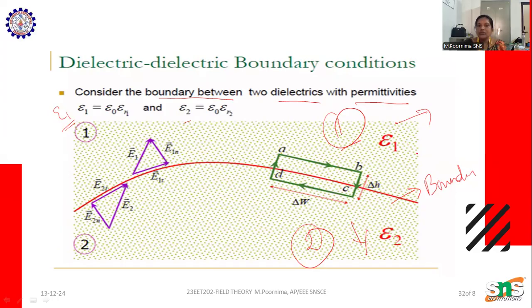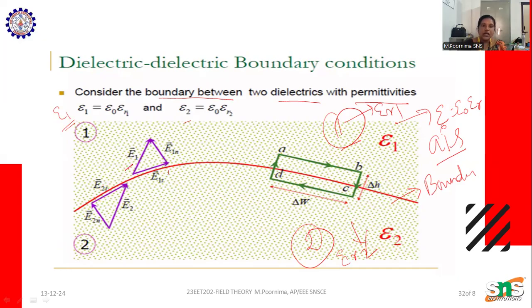Now we are considering both the surfaces as air. For air, the permittivity epsilon is equal to epsilon naught into epsilon r1, and this applies to epsilon r2. Here, what happens at this boundary?